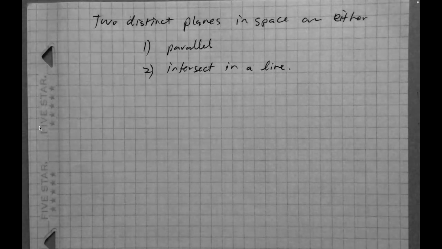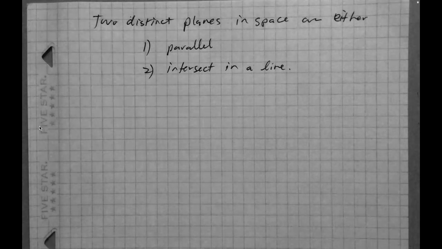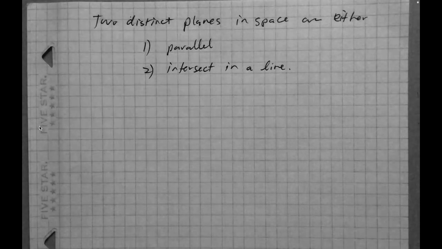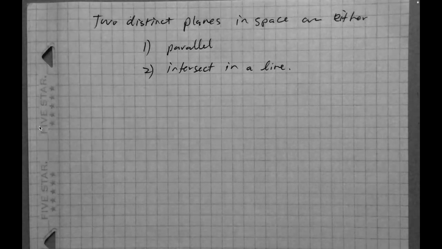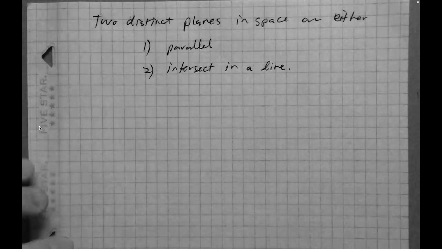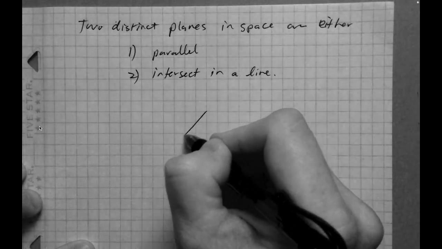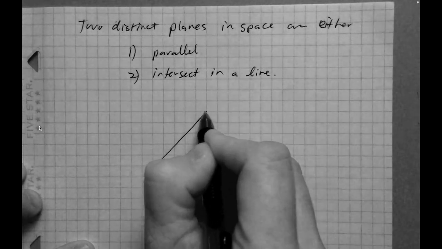What we need to be able to do, to do calculus, is determine if two planes intersect, and the angle at which they intersect. So let me try to draw a picture here. Let's see how I do.